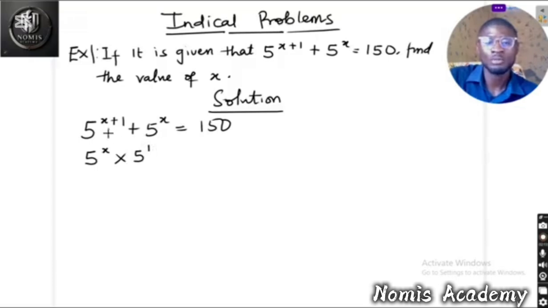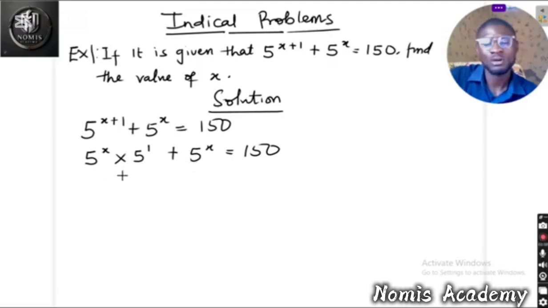Would you agree with me? Because this came about from this. Remember the law of product that says that once we have the same base, then we can sum the powers. So that was what brought about this 5 to the x plus 1. So we have to reverse it and have it like this, plus 5 raised to the power of x equal to 150. What else can I do from here?